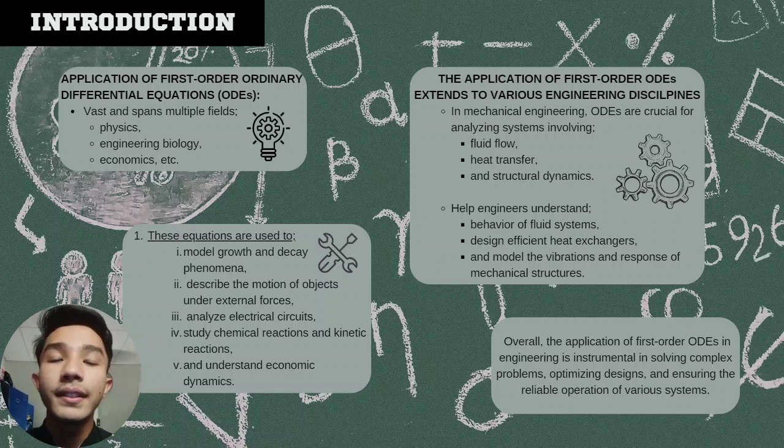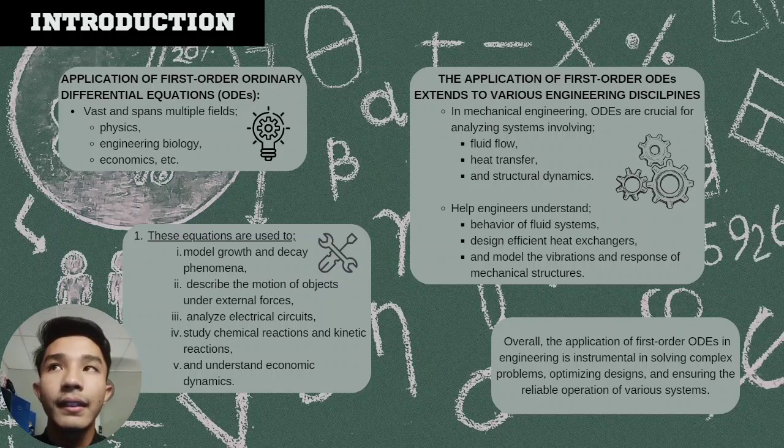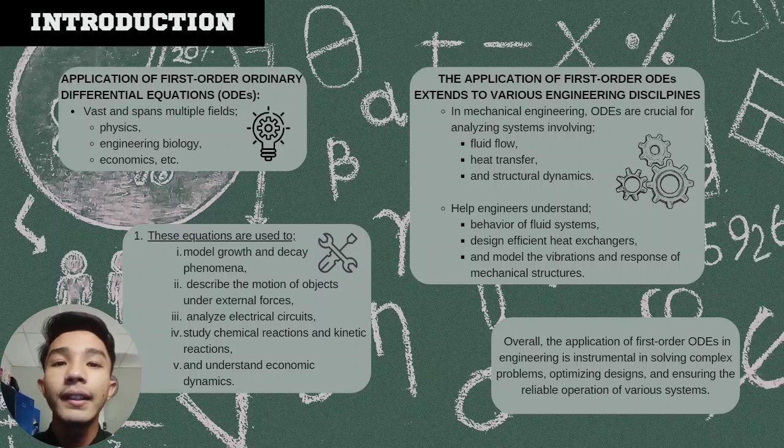ODE also help engineers understand the behavior of fluid mechanics, design efficient heat exchangers and model the vibration and response of mechanical structures. Overall, the application of first order ODE in engineering is instrumental in solving complex problems, optimizing designs, and ensuring the reliable operation of various systems.